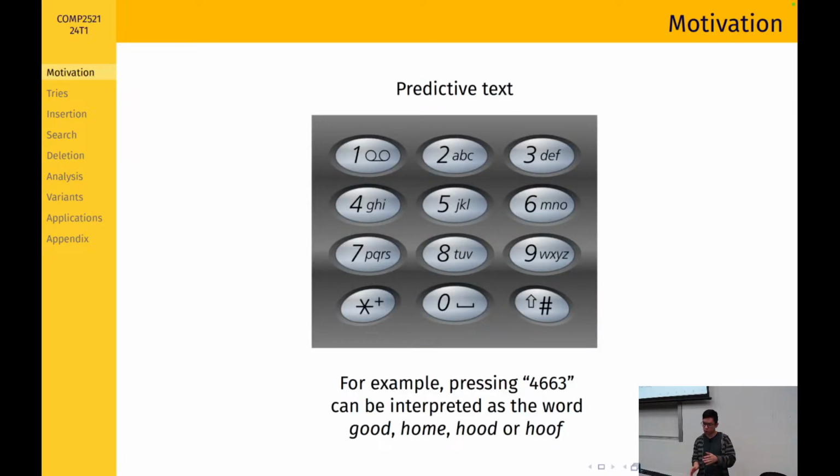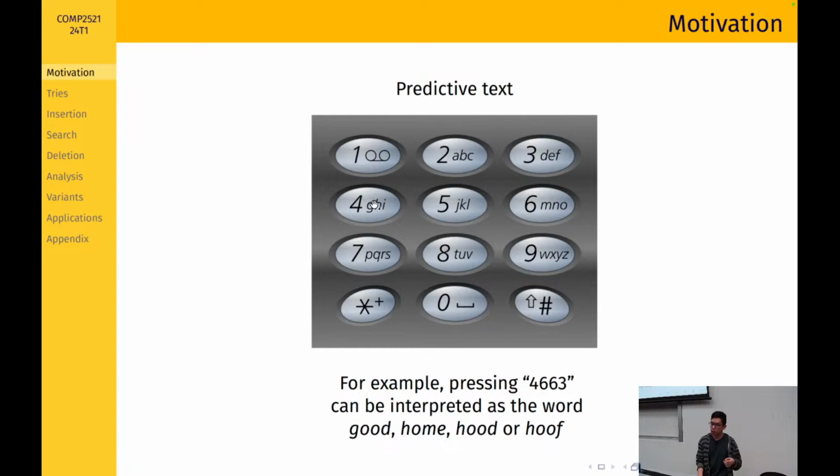Right, and if you go to the next application like predictive text, then if you get a series of button presses like 4663, how can you search a hash table for all the possible words that match that sequence of button presses? You can't really do that because each button corresponds to multiple letters, right? So if you wanted to search for all the possible keys, you'd have to search all the possible combinations.